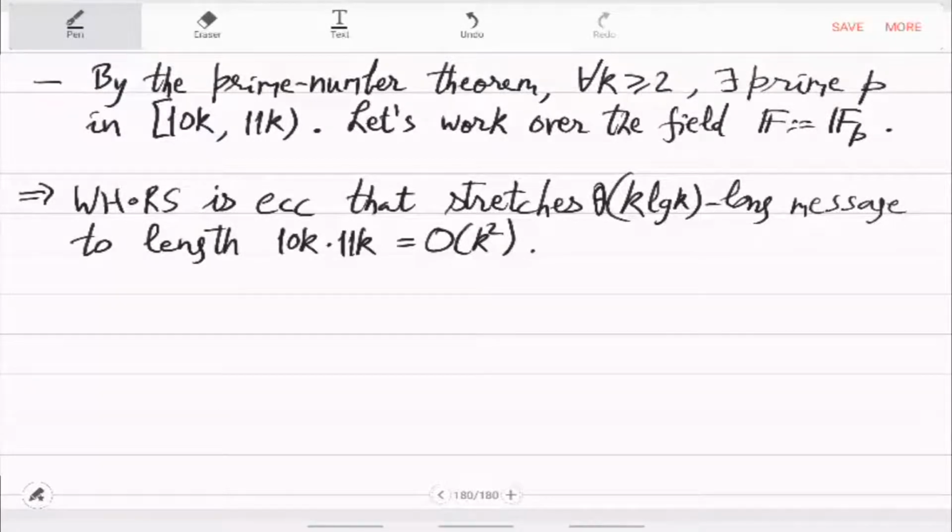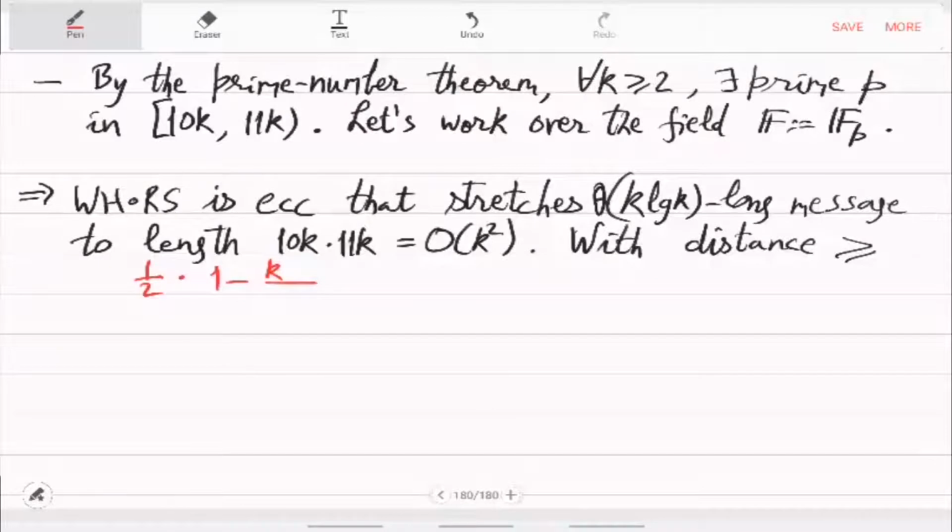And the distance is, so what is the distance parameter? That is half times 1 minus n by m, right? So n we are taking to be k, and m we are taking to be the prime p, which is 10k.